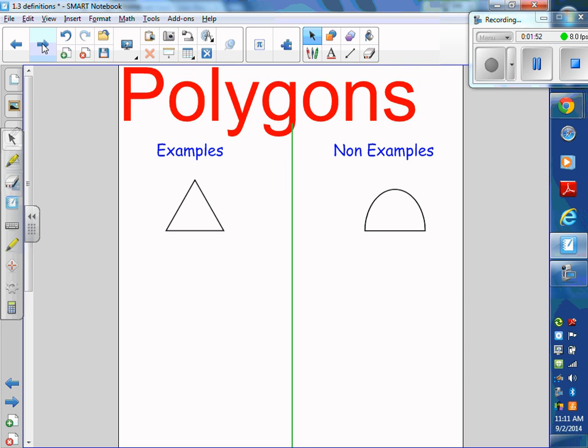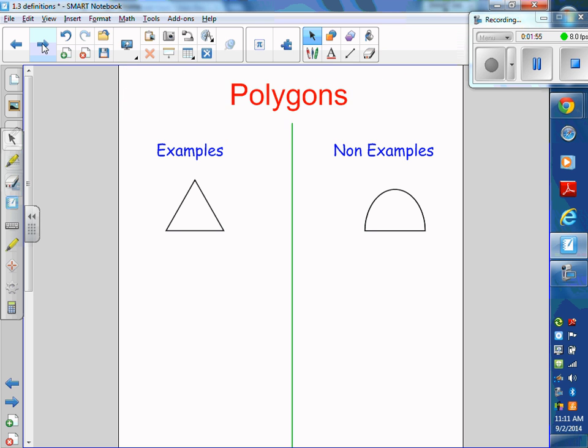Okay? So we would then include this to be a non-example. But I know Tyler knows what a polygon is. And he did say there's no curves, right? So let's try again.